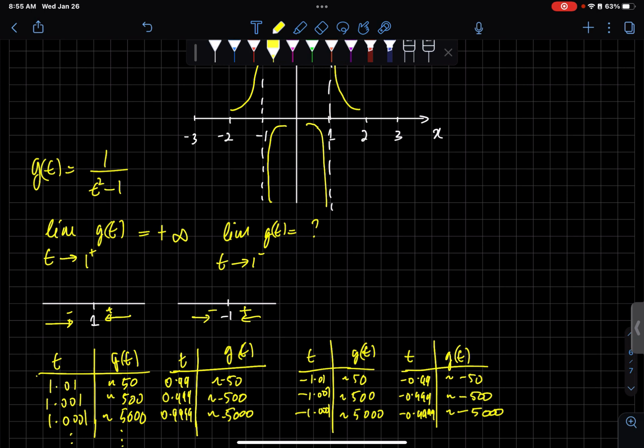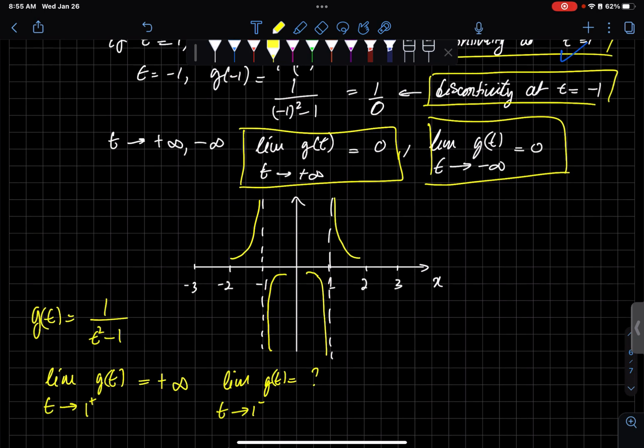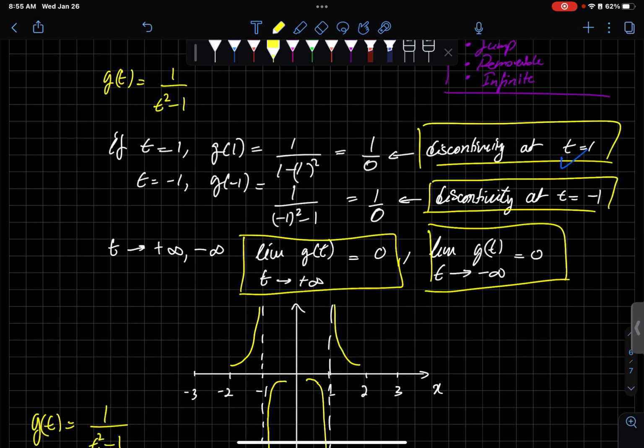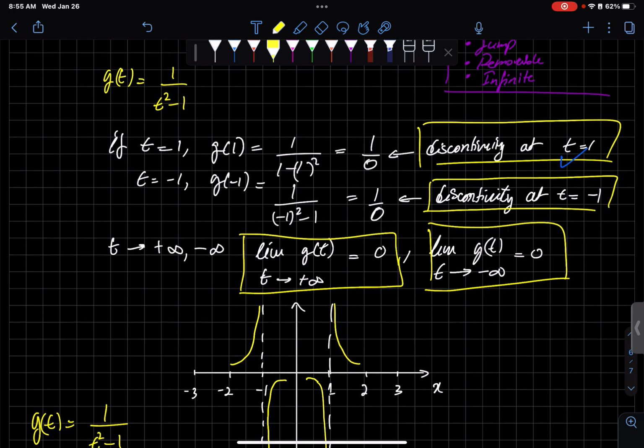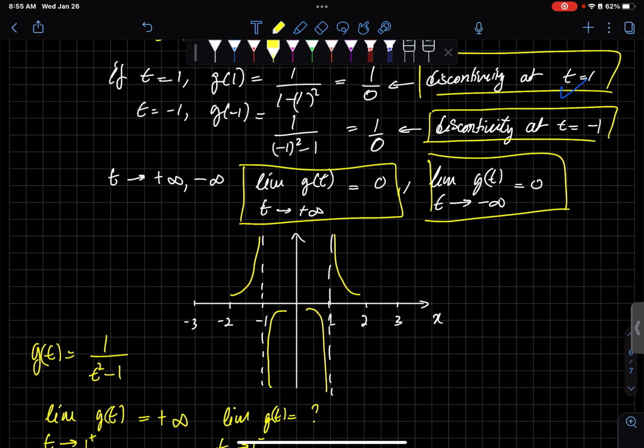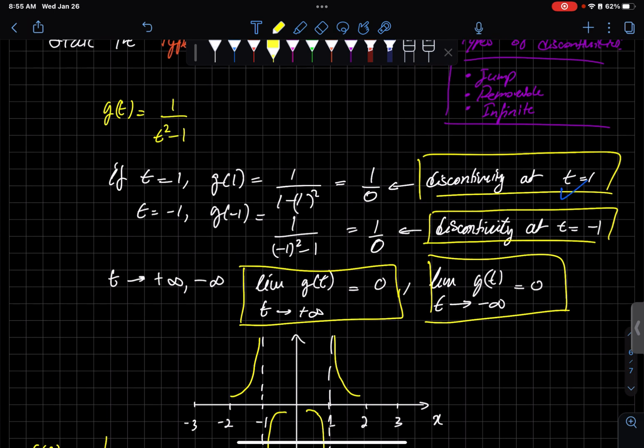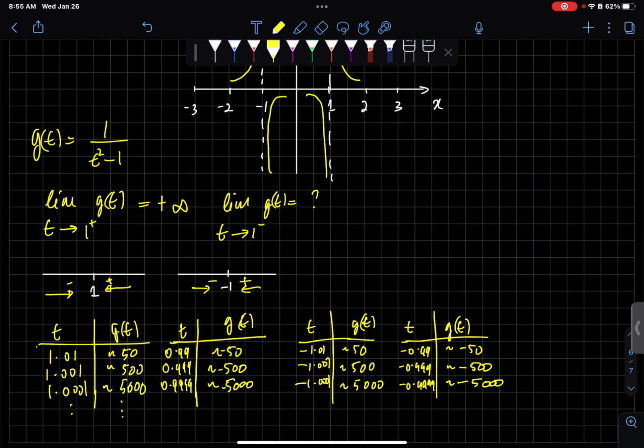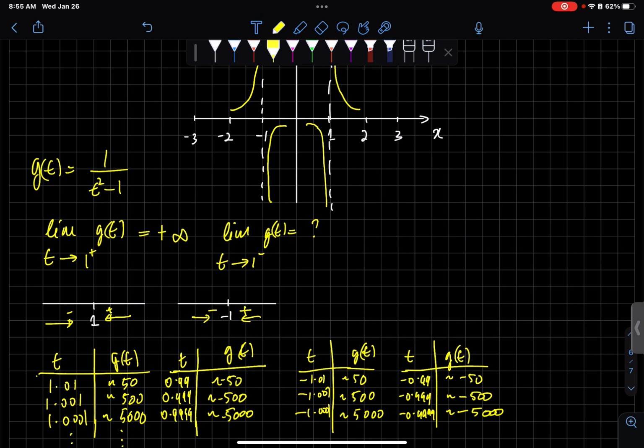Now we also need to figure out what's happening at 0, because there could be something happening here. It looks like an interesting point, so let's see what happens. We need to investigate the limit of g of t as t approaches 0 from the left and the right.